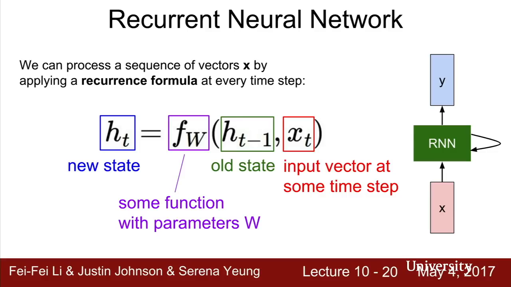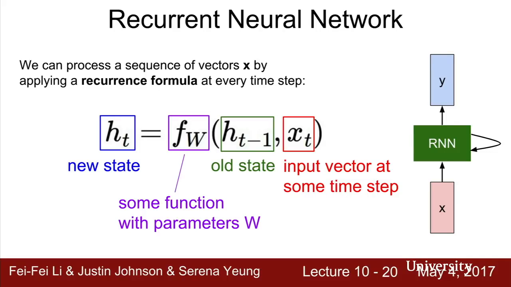So what is the functional form of the recurrence relation we're computing? Inside this little green RNN block, we compute a recurrence relation with a function f. This function f depends on some weights w. It accepts the previous hidden state, h_{t-1}, as well as the input at the current step, x_t, and outputs the updated hidden state, h_t.